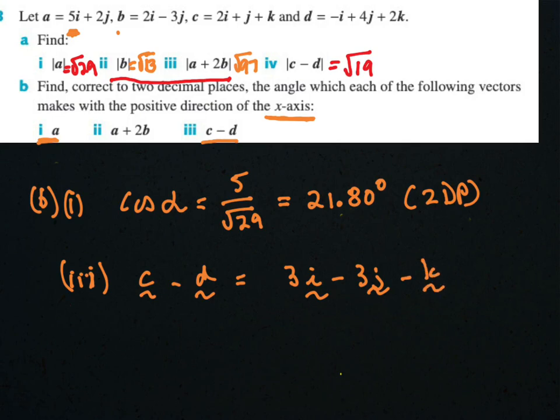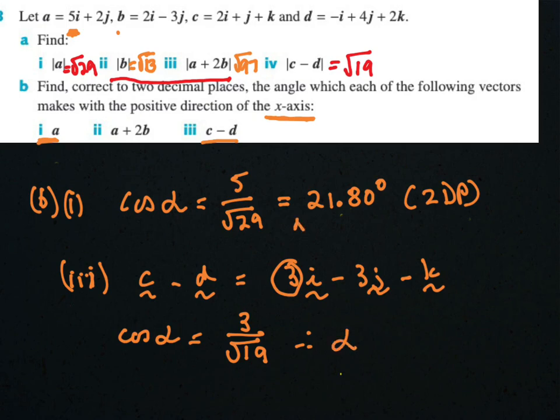All right, so what are we doing again? It's the x-axis, so once again we are interested in that 3 there. So cos alpha is equal to 3 over the square root of, the magnitude was 19, wasn't it? 19.